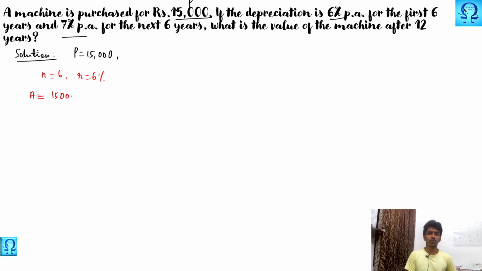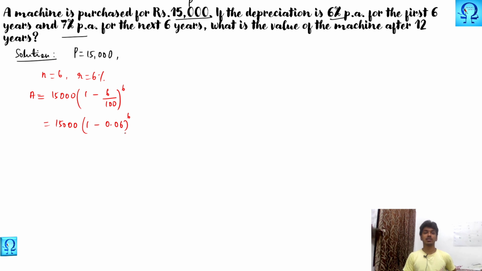It is 15,000 times of 1 minus 6 upon 100 to the power 6. So it is 15,000 times of 1 minus 0.06 to the power 6. As of now, we don't know what this value is, but we shall calculate this thing, right? So this is for the first 6 years.